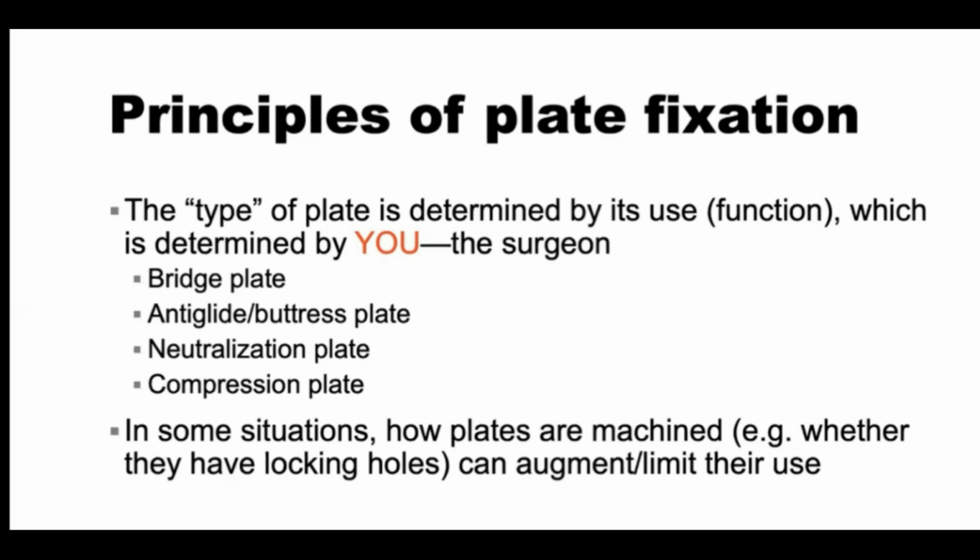How those plates are machined can augment or limit their use. But oftentimes those plates can still be used as a bridge plate or an anti-glide buttress. Again, you determine its function. You're just choosing a piece of metal out of the box. But it's important that you understand that sometimes how the plates are actually machined can change their use a little bit, either making them more or less practical for the particular fracture that you're facing.